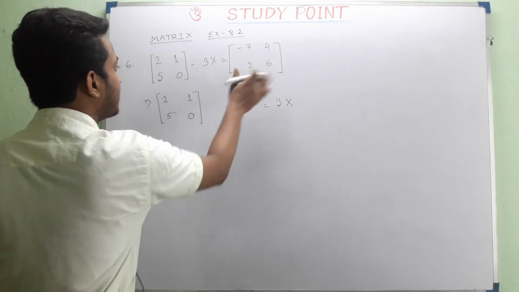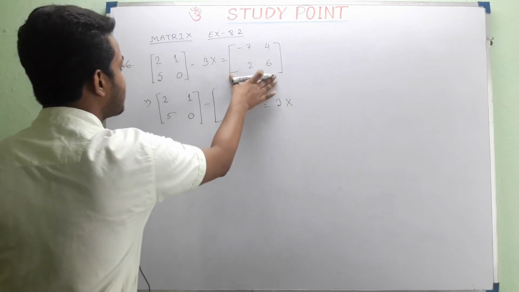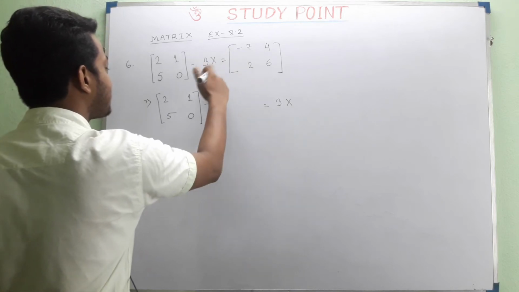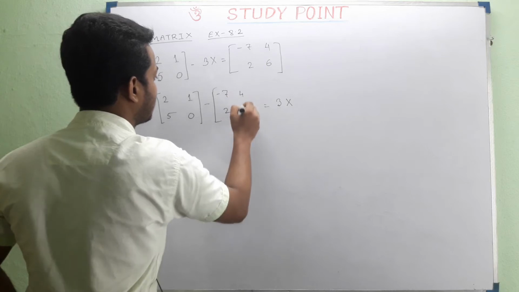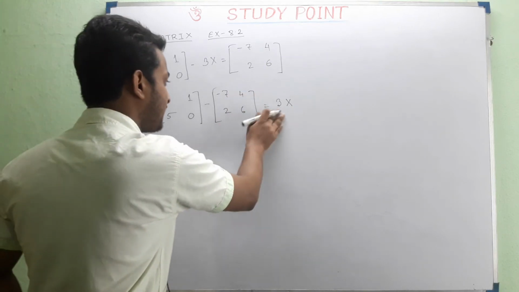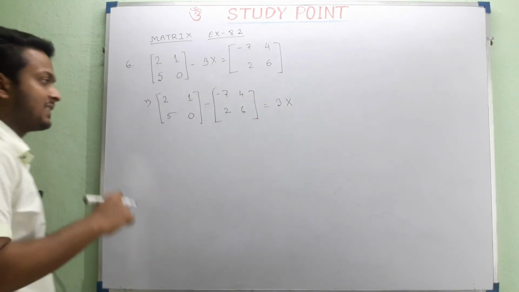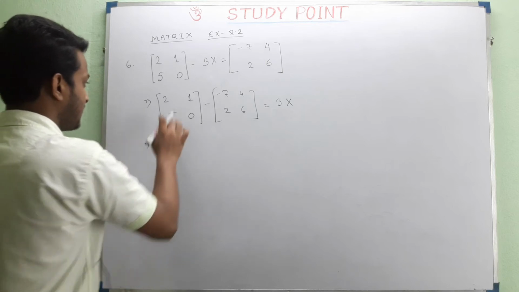So if this matrix changes its side, it will come over here, and because it has the plus sign, after changing its side it will be minus, and then it will look like this. Is it clear? Because you have to find the value of this X matrix, that's why the X is on a single side and all the remaining things on the other side.